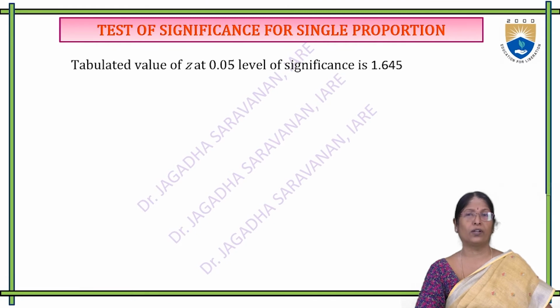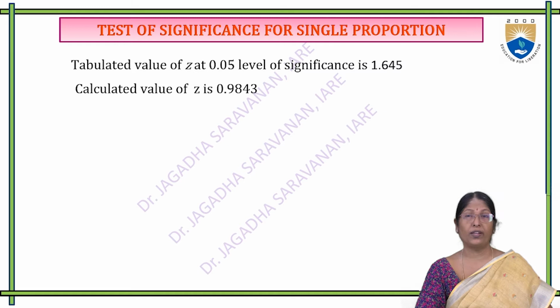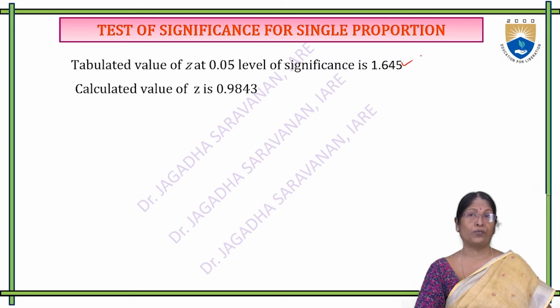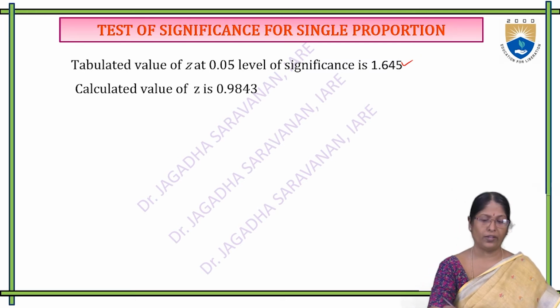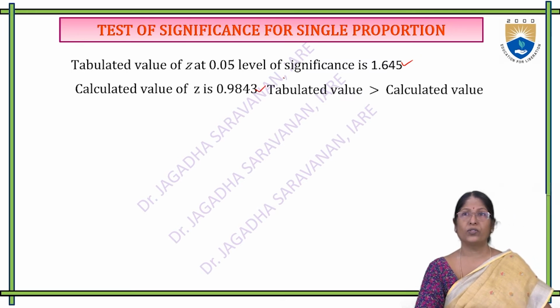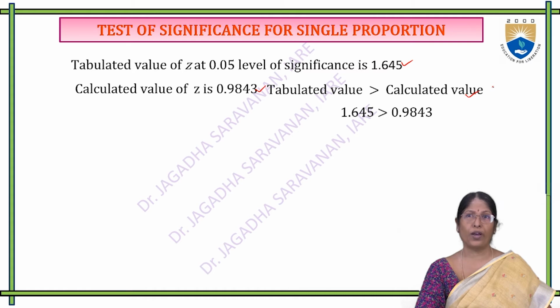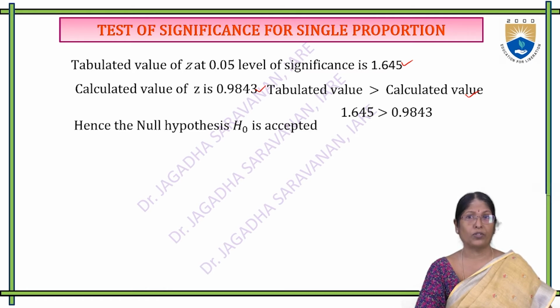The tabulated value of z at the 0.05 level of significance is 1.645, and the calculated value of z is 0.9843. So the tabulated value 1.645 is greater than the calculated value 0.9843, so the null hypothesis we defined is accepted.